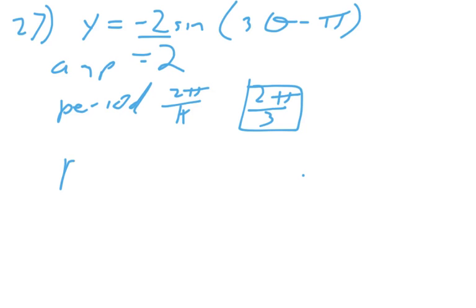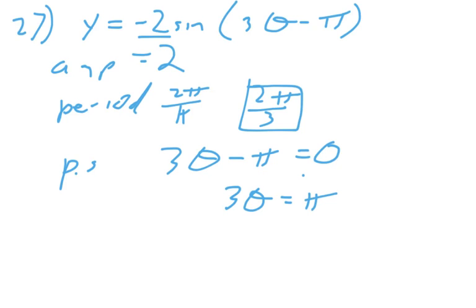Finally, to get the phase shift, I'm going to take whatever's inside parentheses and set it equal to 0. So I add pi to the other side, divide by 3. And because this is positive, if it asks for direction, positive means right. And so I got pi over 3 as the phase shift.